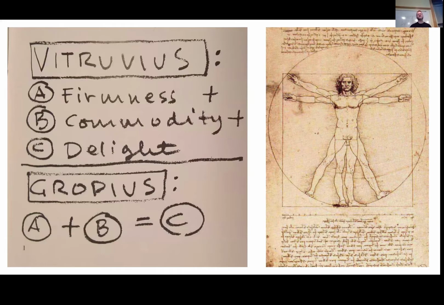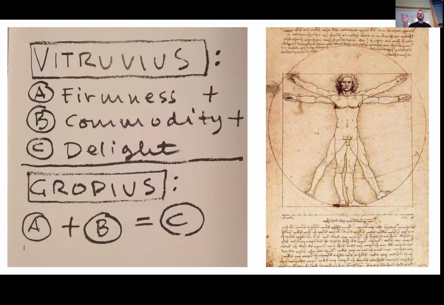The Vitruvian recipe for the difference between architecture and a building is that architecture needs to have these 3 elements: firmness, commodity, and delight. Leonardo da Vinci's famous drawing of the Vitruvian Man is believed to be the correct way to apportion space for people by grappling with this triad.